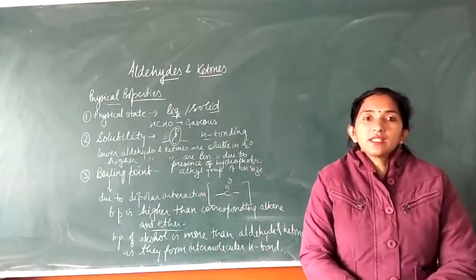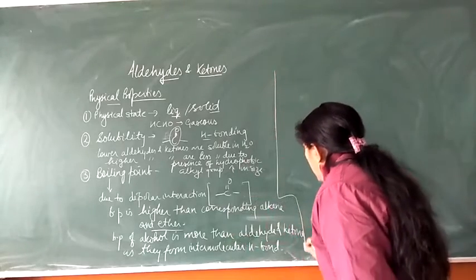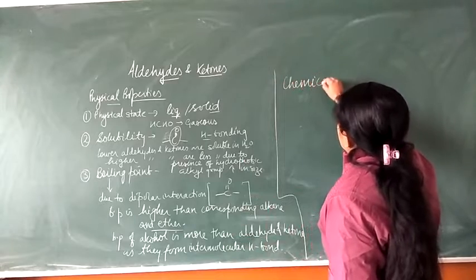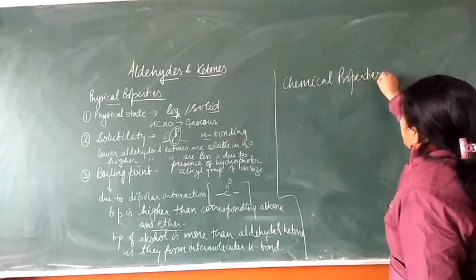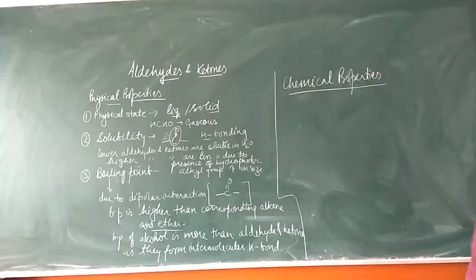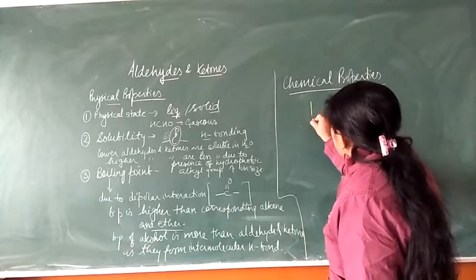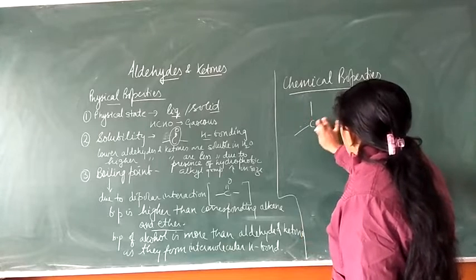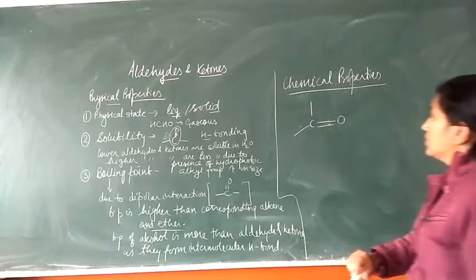Next, students, we will discuss the chemical properties of aldehydes and ketones. To begin with the chemical properties, we have to keep in mind that the carbonyl group is polar in nature, right? So let us take an example. We have the carbonyl group in this way.